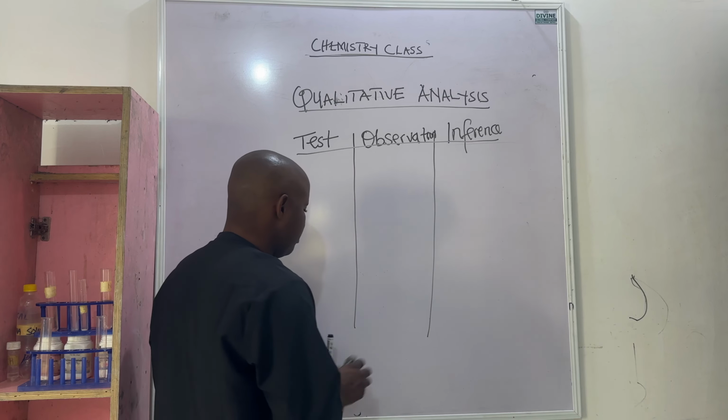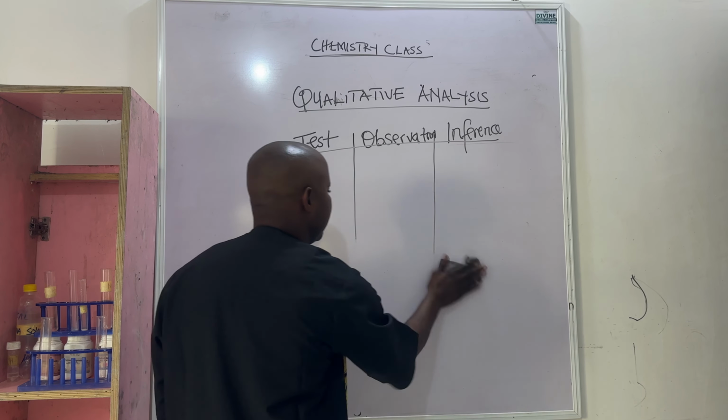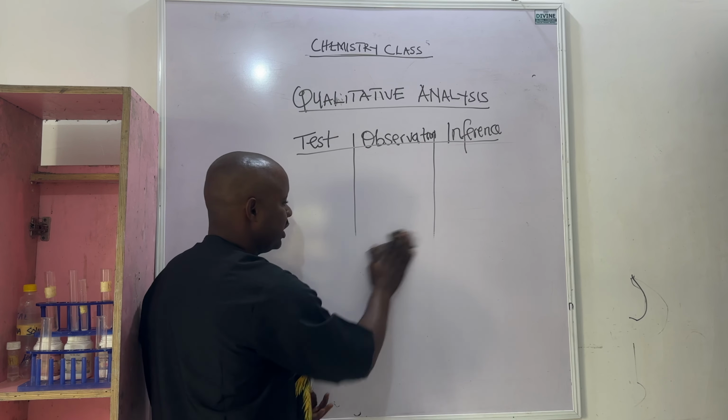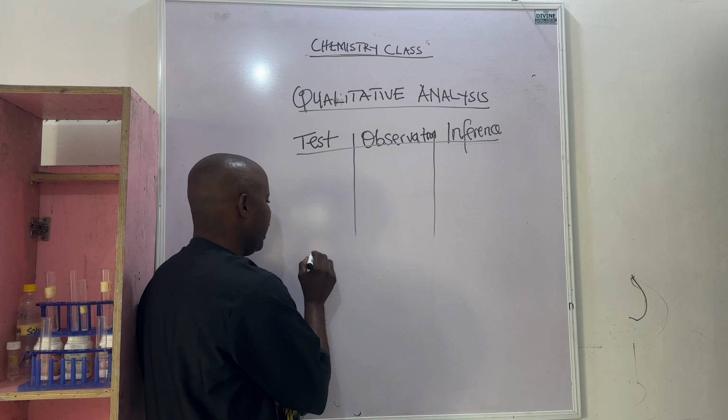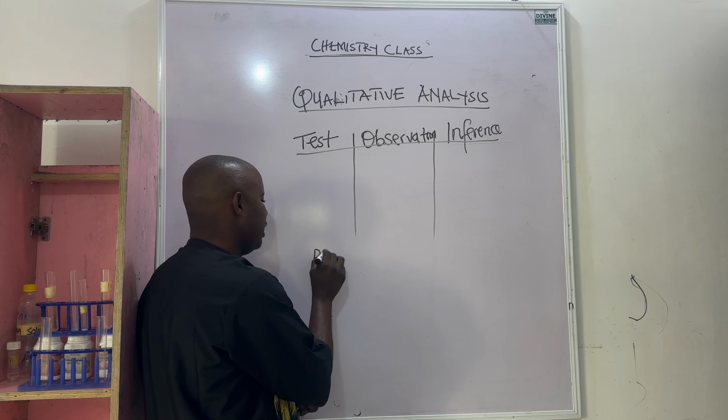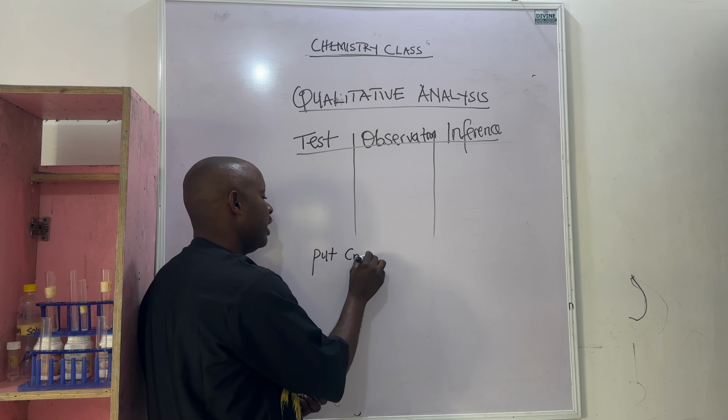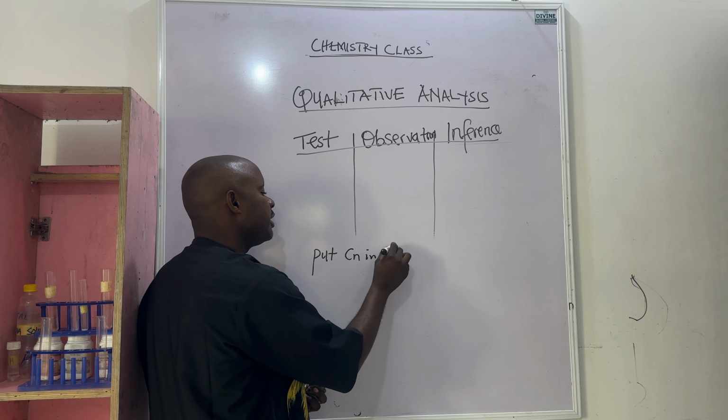For instance, let's make reference to a very good question. Let's use the Cn. Let's put Cn in a test tube. This is a typical WAEC question.